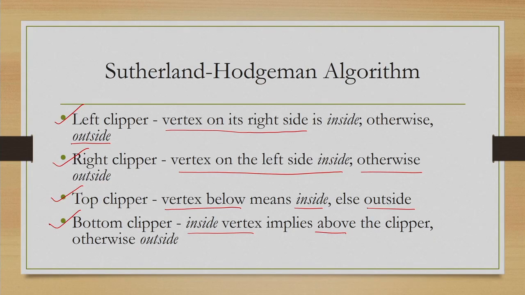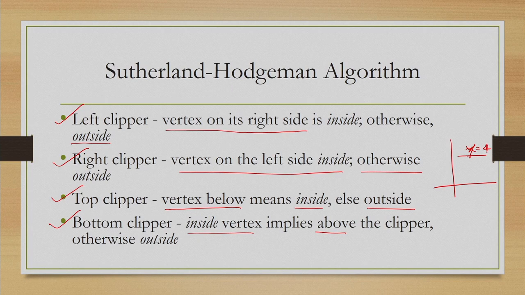And how do we determine whether a vertex is on the right side or left side or above or below? Just by comparing the coordinate values of the vertex with respect to the particular clipper. For example, suppose this is the top clipper, and its equation is given by y equal to 4.